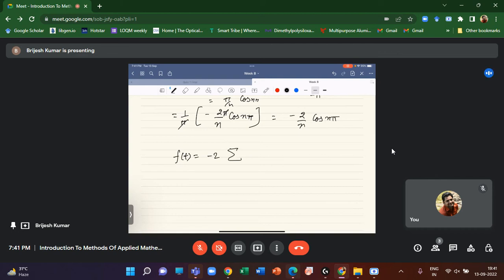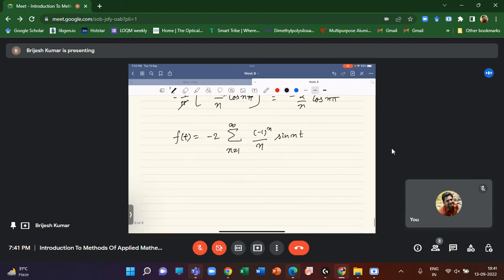So f of t will be minus 2, summation n is equal to 1 to infinity, minus 1 to the power n upon n, sine nt, right? Because we write cos n pi is equal to minus 1 to the power n.